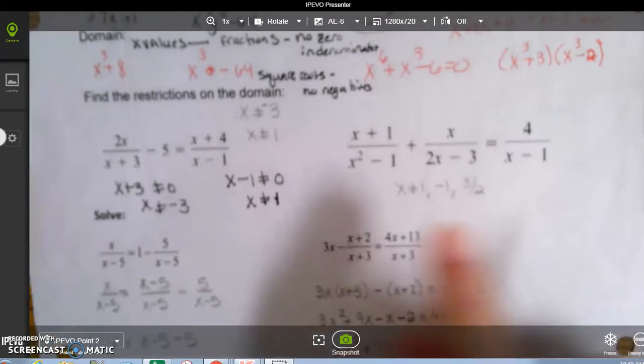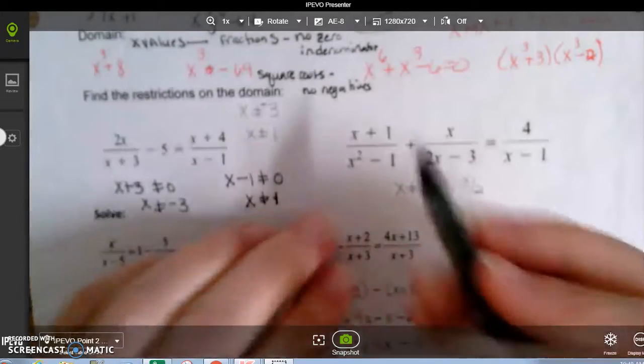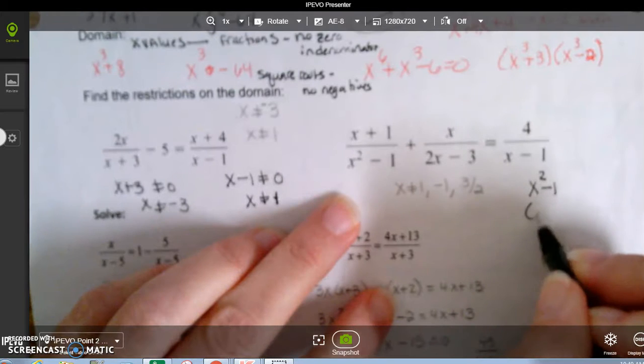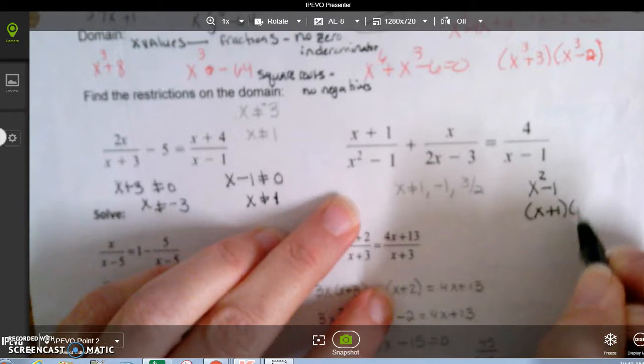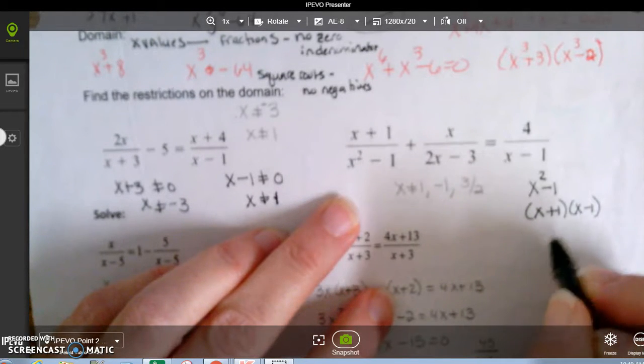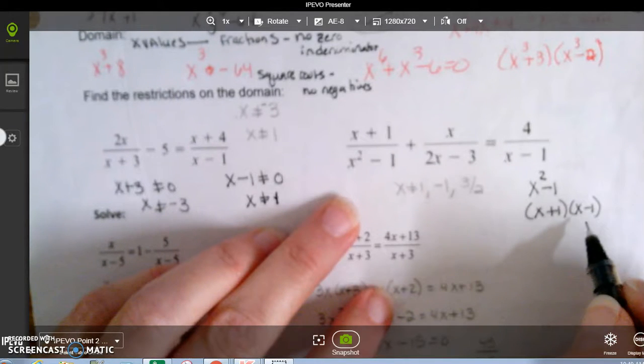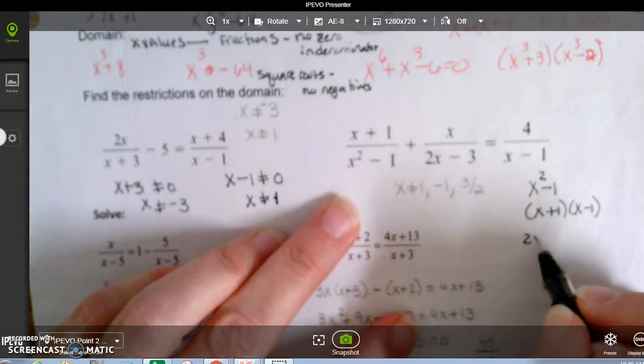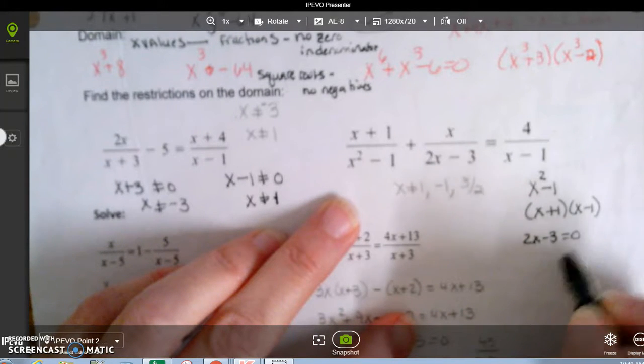Okay? Here's another one. Again, I can factor this and I can say x squared minus 1 is the same thing as x plus 1 times x minus 1. And so that means x cannot equal 1 and x cannot equal negative 1. Here, I'm going to say 2x minus 3 equals 0, and I'm going to solve that.